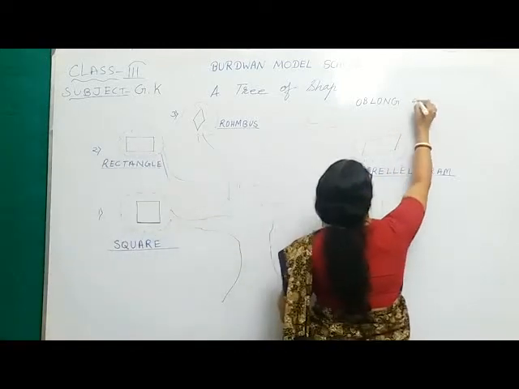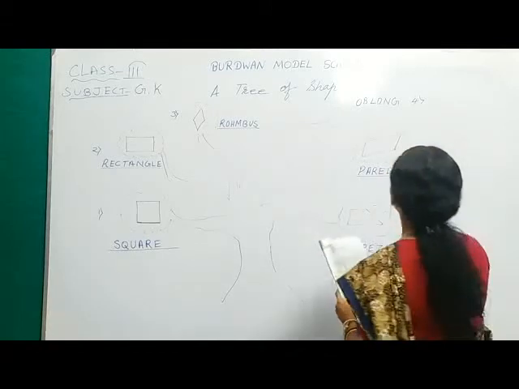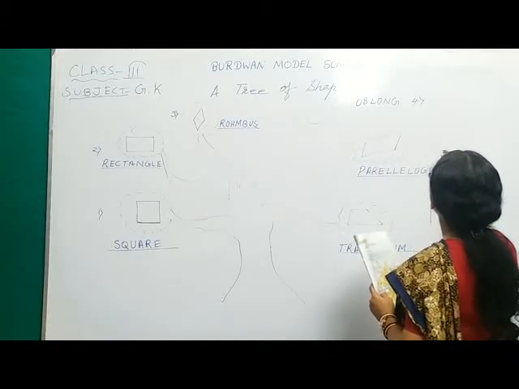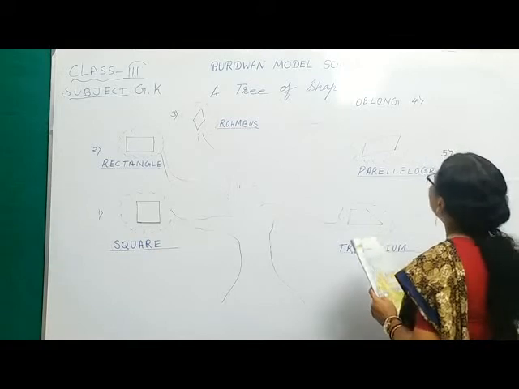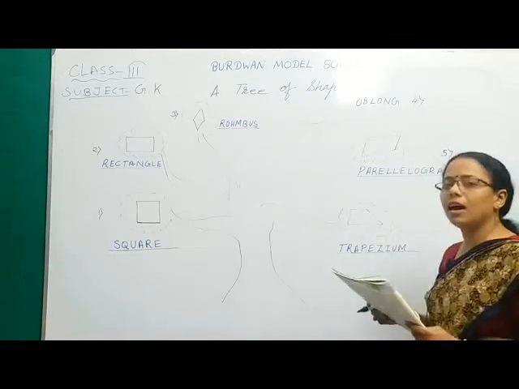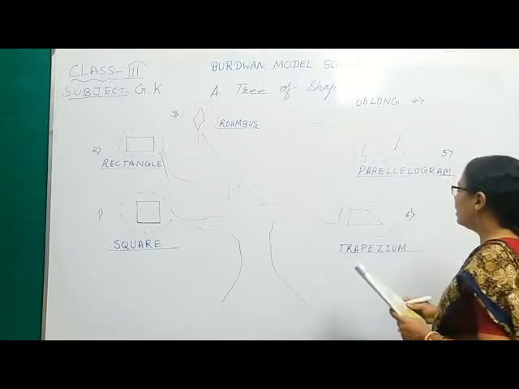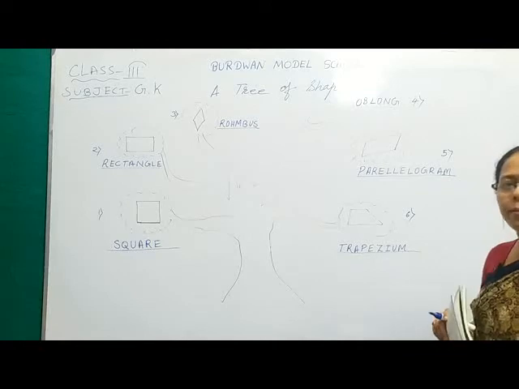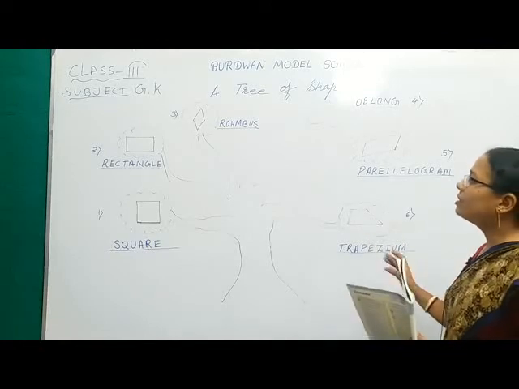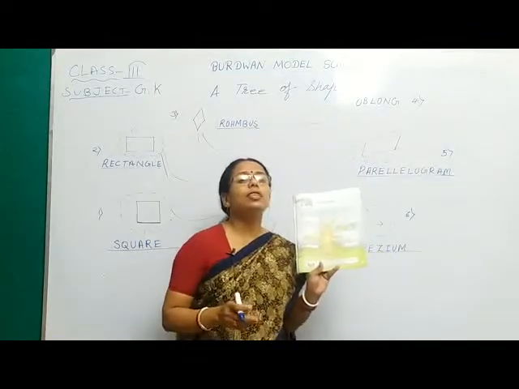This is the fourth one, oblong, O-B-L-O-N-G. Fifth one, that is parallelogram, P-A-R-A-L-L-E-L-O-G-R-A-M. And this is the sixth one, T-R-A-P-E-Z-I-U-M, trapezium. So these are the 6 shapes which have been taught to you in the Tree of Shapes.